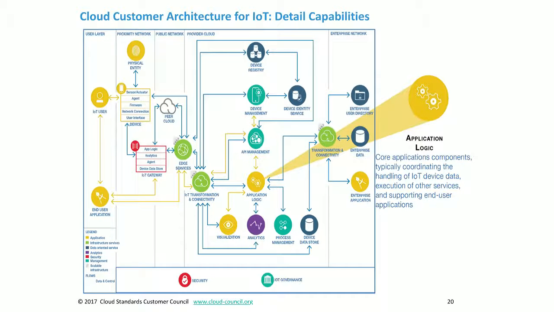Application logic is basically what it says it is, and this is the core of what your application is. Now that I'm collecting data, what is it I want to do with it? Maybe in the case of those devices initially, some of that application logic may be registering the device in a warranty system, for instance, which would be interacting with something on the enterprise side.